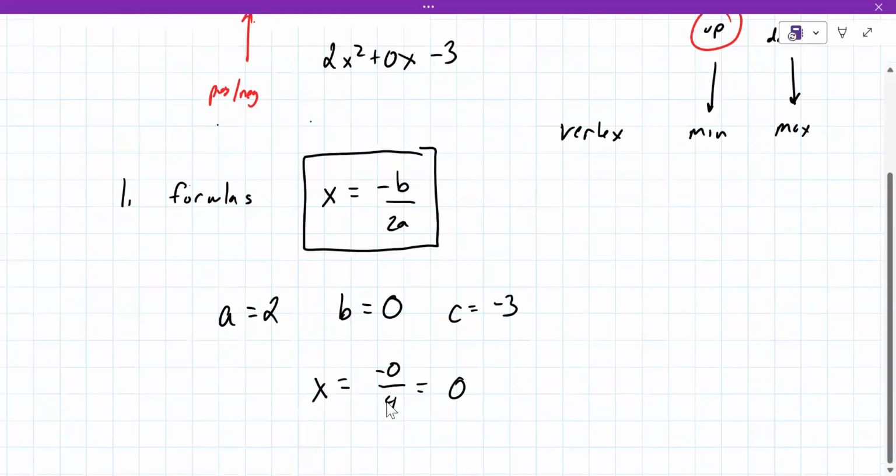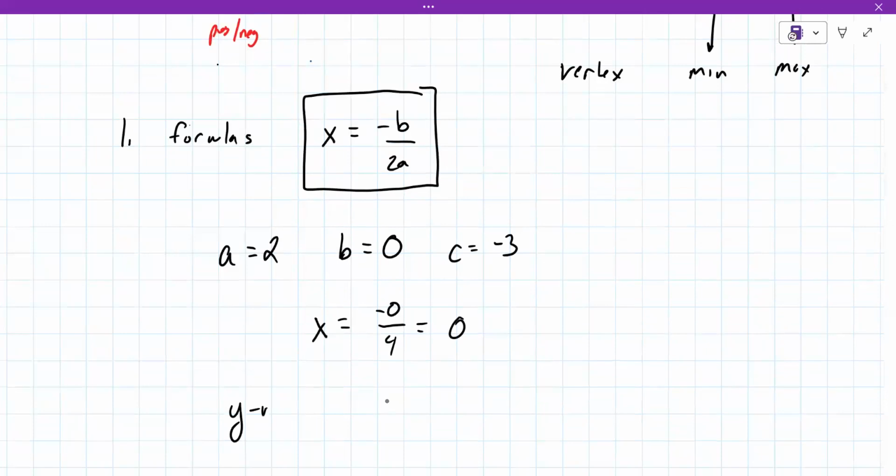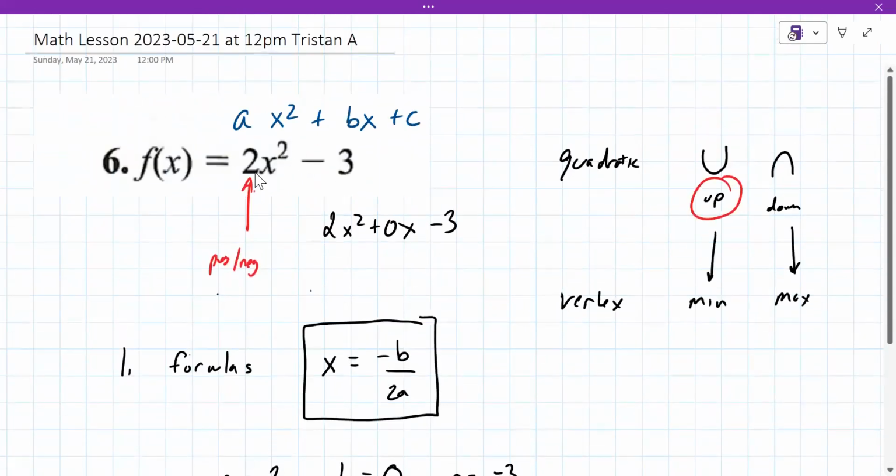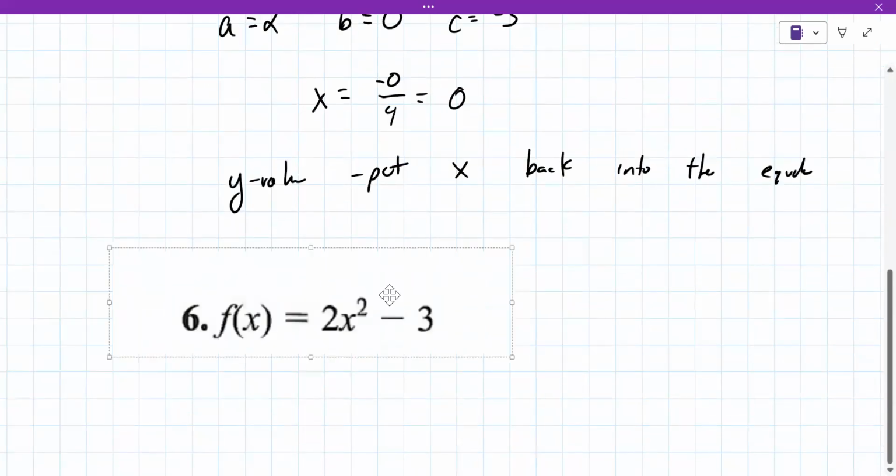All right, now to find the Y value of the vertex, you have to put X back in. Back into the original. So you have to put 0 back into this equation right here. So I'm going to grab it, snip it down here so you can see that. You've got to find f of 0.